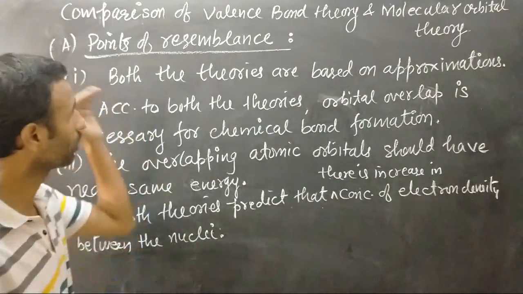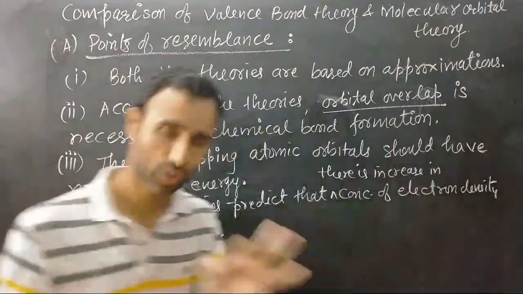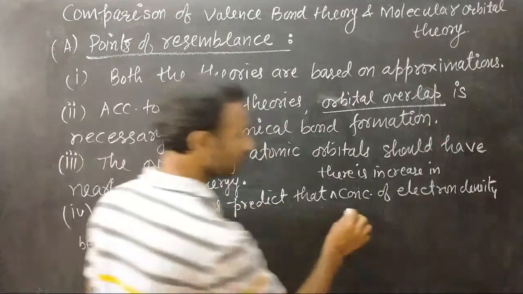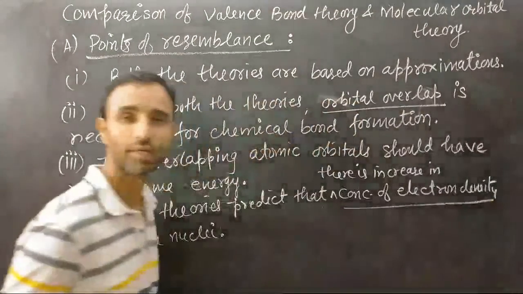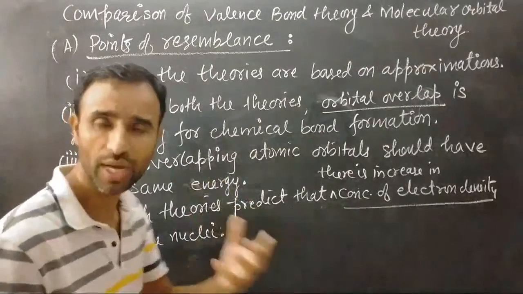Okay, so according to both the theories, orbital overlap is necessary. According to both the theories, electron density between the nuclei increases. Both the theories are just an approximation.